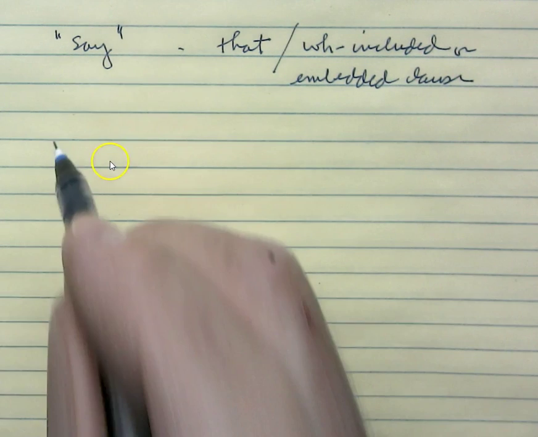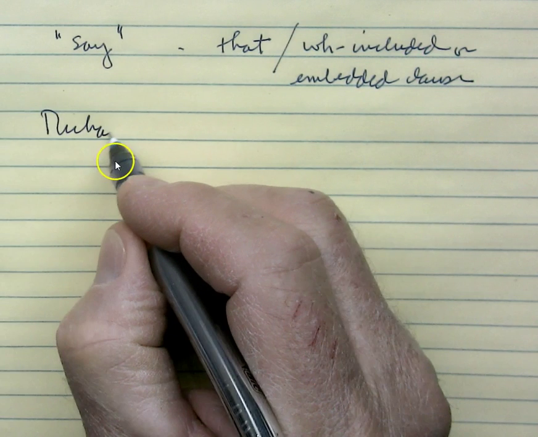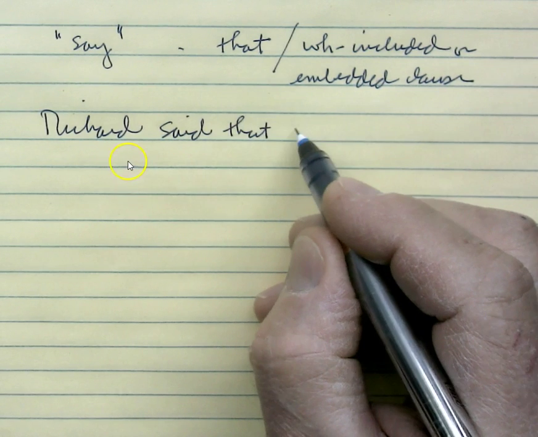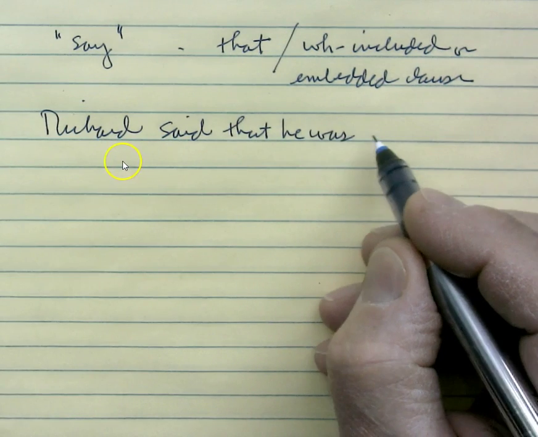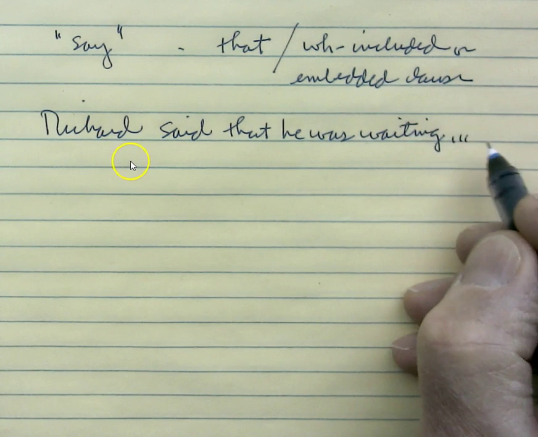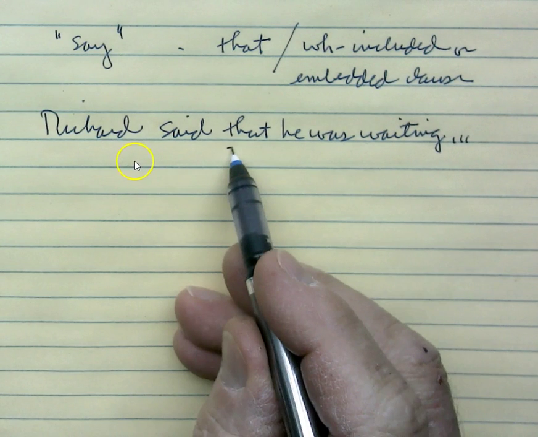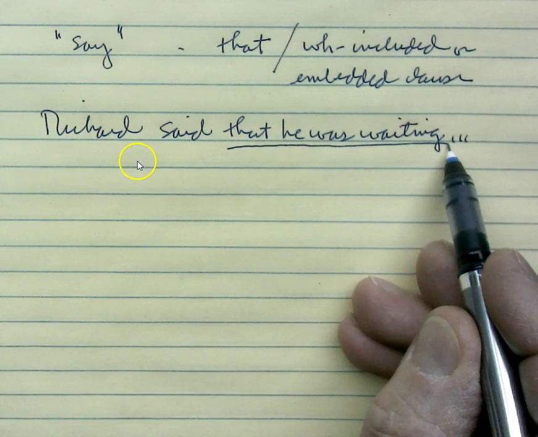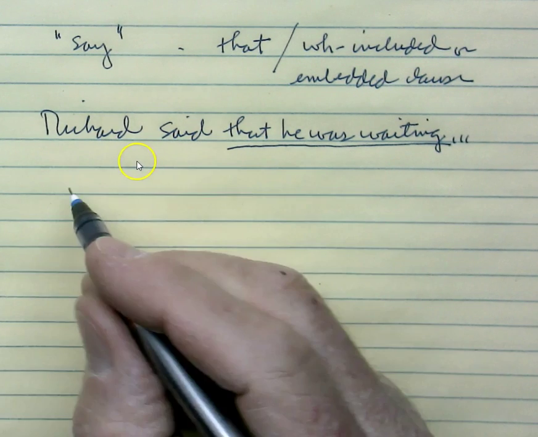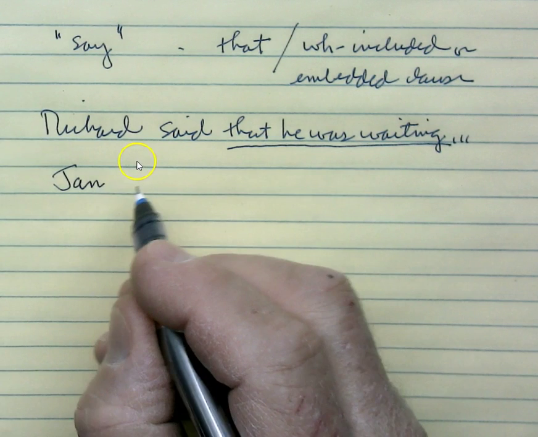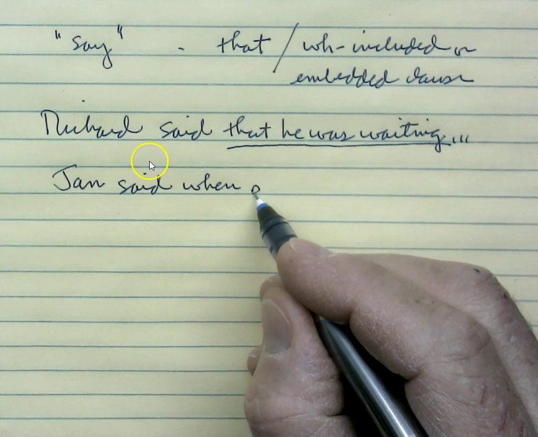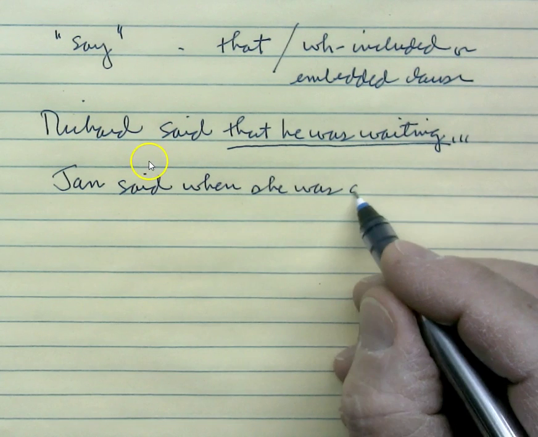For example, our first example, Richard said that he was waiting for his pizza, and that he was waiting is the included clause. Jan said when she was arriving.